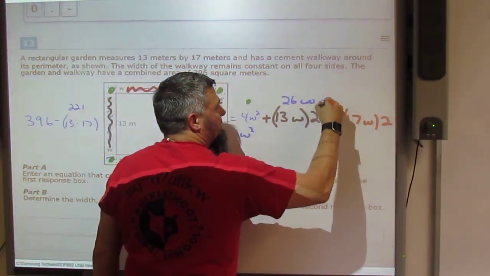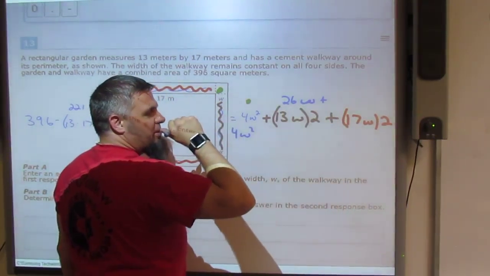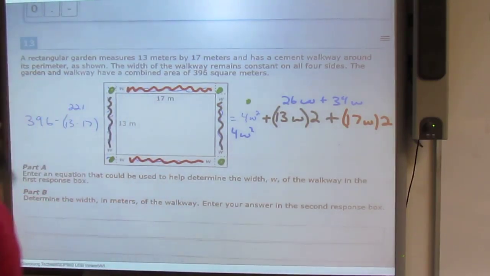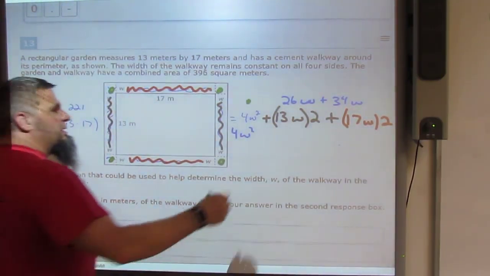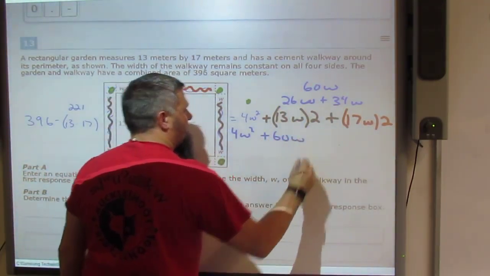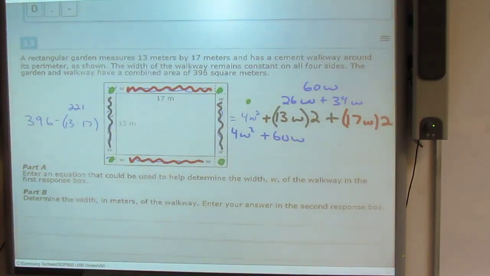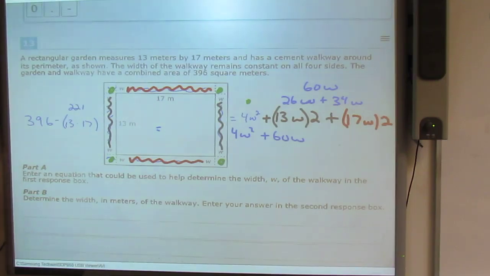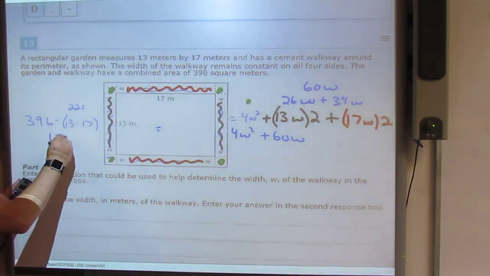26W plus 34W, and 34 and 26 would be 30 and 30, which is 60W. And that would equal this 396 minus 221, which is 175.